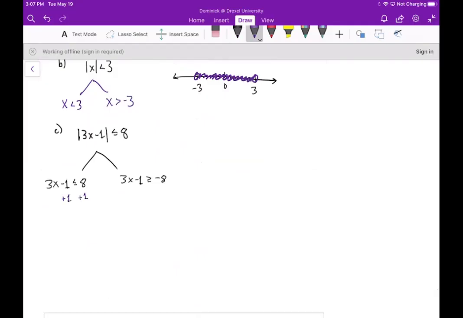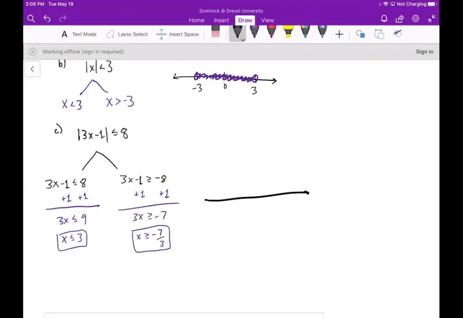So this one we can add 1, and we get 3x less than or equal to 9. And then dividing by 3 is going to give us x less than or equal to 3. And then, of course, in the second one, if we add 1, we get that 3x is greater than or equal to negative 7, which gives us that x is greater than or equal to negative 7 over 3.